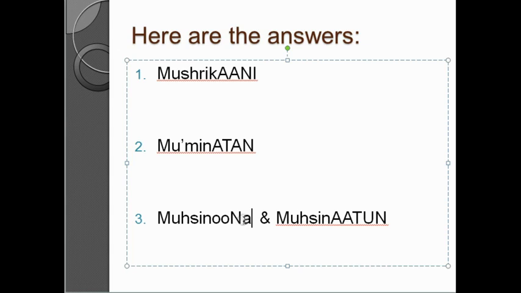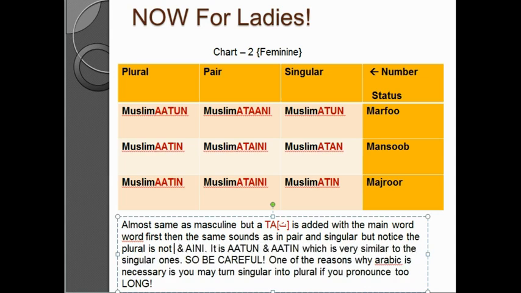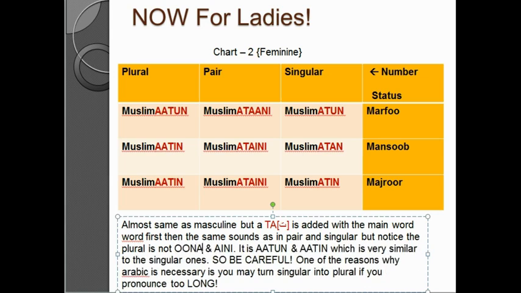So this una is the thing we added. And for the female, muhsinatun. Same goes here. It will not be ani and aini. It is not una and it is not ina.